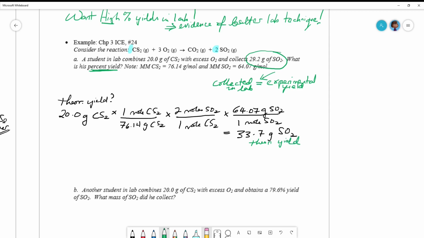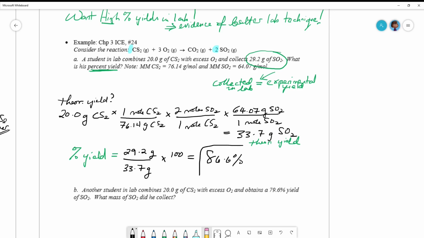because we calculated it. So at this point, we can now calculate our percent yield, which was the goal of the problem. And we know that the percent yield is equal to the experimental yield, which was the 29.2 grams of SO2, divided by our calculated 33.7 gram theoretical yield times 100, or in this case, I got 86.6% as the percent yield of this reaction.